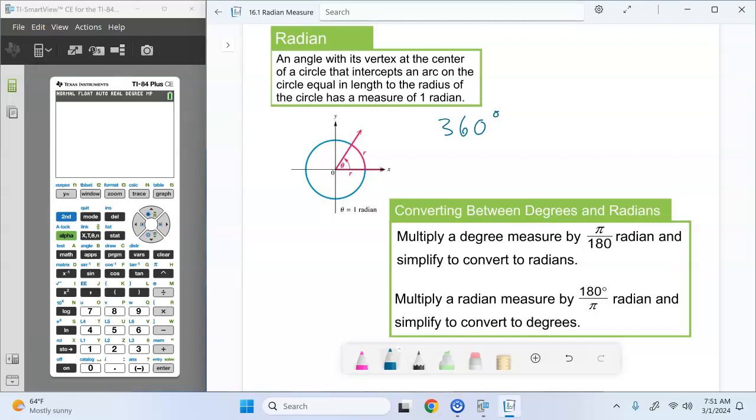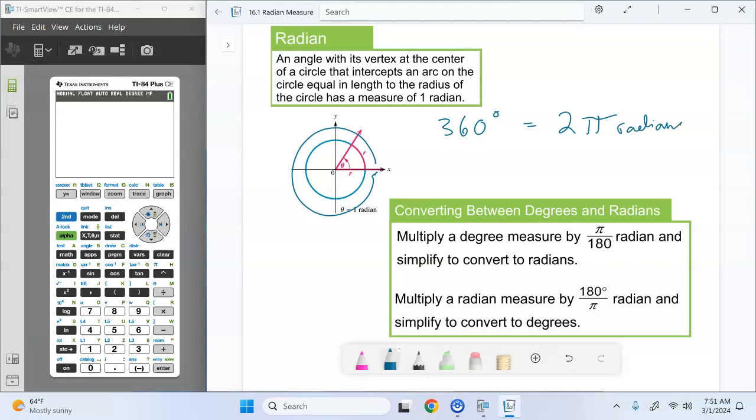Angie, do you remember? 2 pi. 2 pi is the distance around the circle in radians. 2 pi radians.